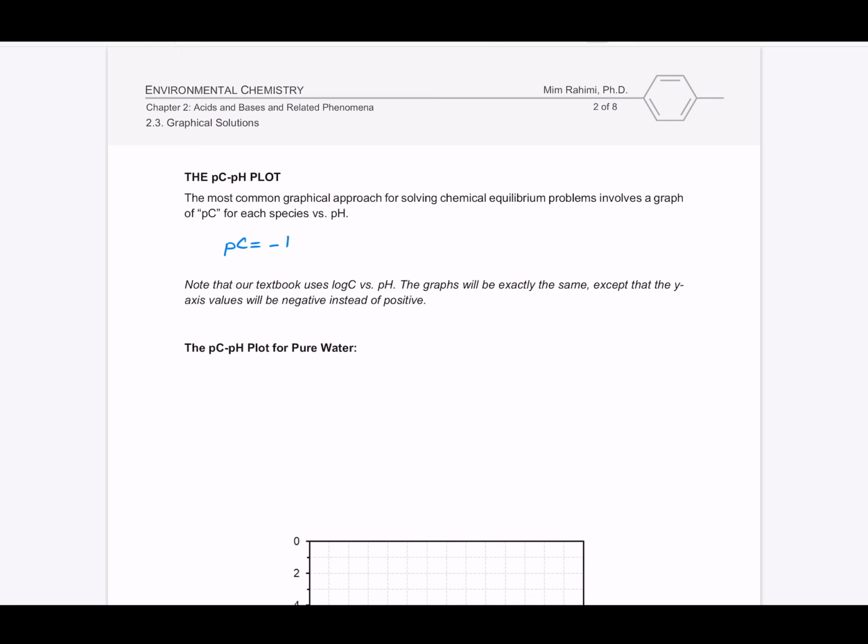It would be minus log of the concentration of C. Just a very quick example: if the concentration of sodium plus is 10 to the minus 3, then pNa would be 3. Just to give you an idea of the mathematical description of the p function.